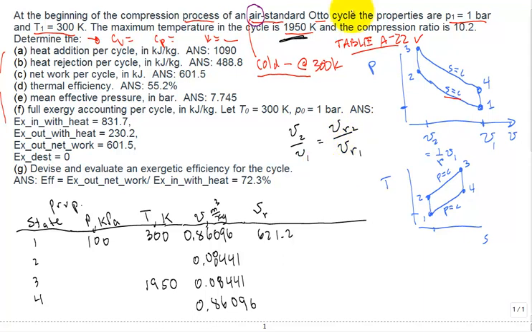And we look at this equation and we say, I know the ratio of specific volumes. That's basically 1 over the compression ratio. And I know V sub R at state 1, I can actually calculate V sub R at state 2. Well, V sub R at state 2 is just V sub R at state 1 divided by 10.2, the compression ratio for this problem.